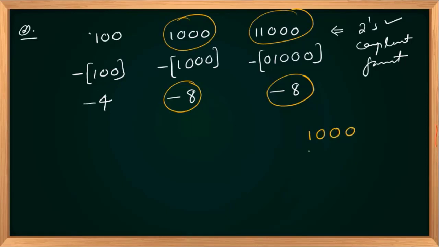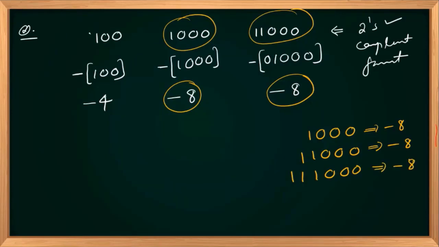1000. The second number, I have extended the sign bit. So this was minus 8. This also is minus 8. If I extend the sign bit again, still I will get minus 8. If I extend again, still minus 8. So if you are extending the sign bit, the value of the number won't change.